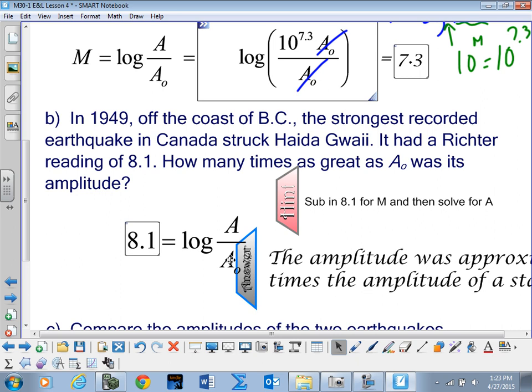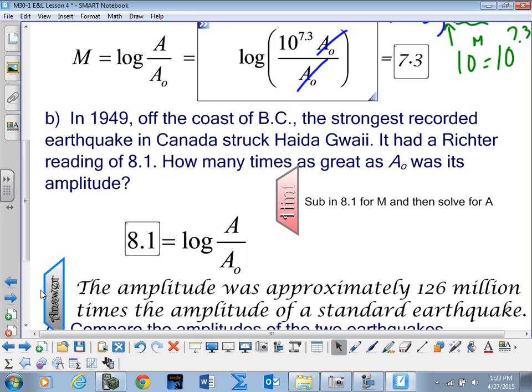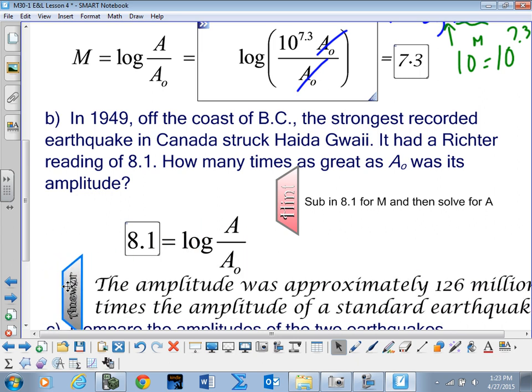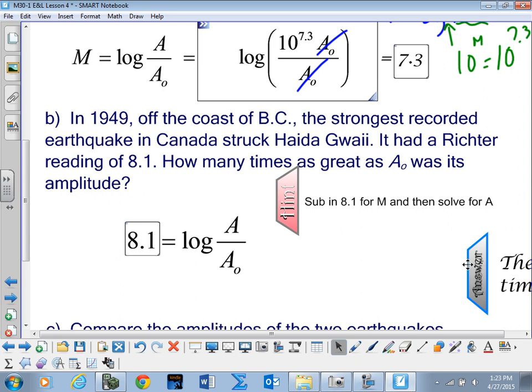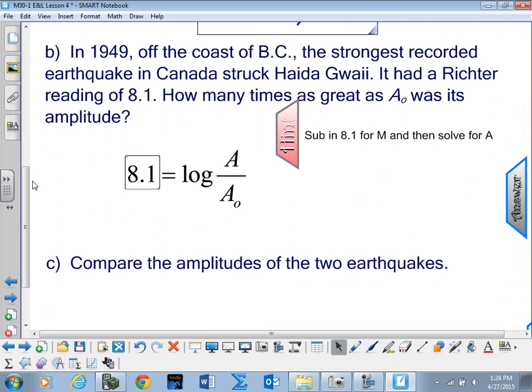So the amplitude is 126 million times. Where does that 126 come from? What we're doing is finding this relationship. If I made this another variable, let's say x, I want to find x, which is how many times greater this is over this.